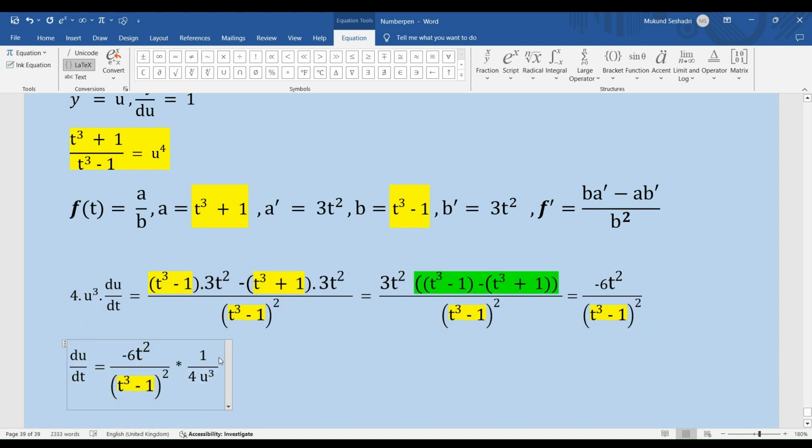I'll have to go back and substitute my u, because my du by dt has to be expressed as a function of t, right?